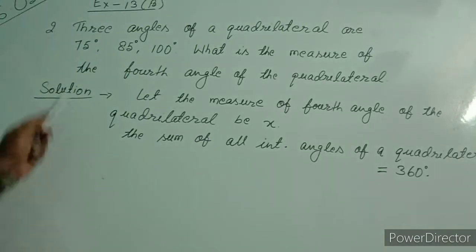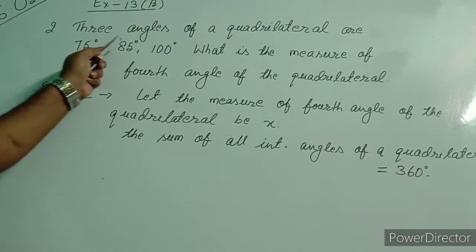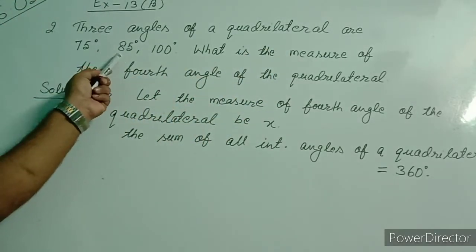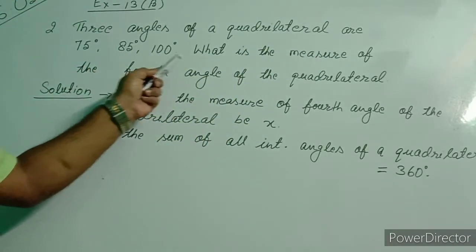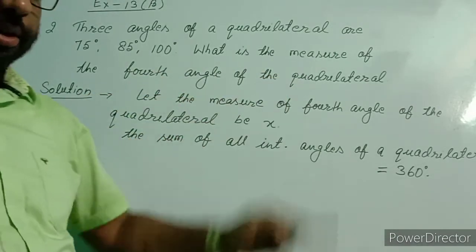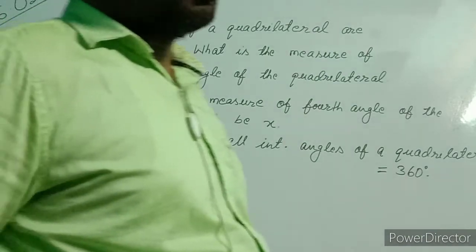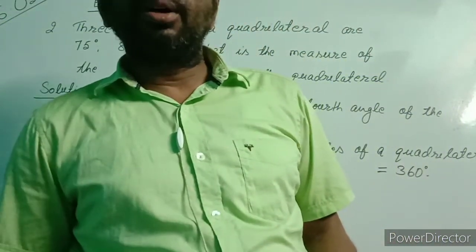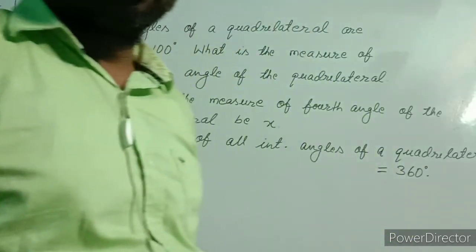Now in question number 2, the question is three angles of a quadrilateral are 75 degree, 85 degree, 100 degree. What is the measure of the fourth angle of the quadrilateral? Three angles of a quadrilateral are given and you are asked to find out the measure of the fourth angle.